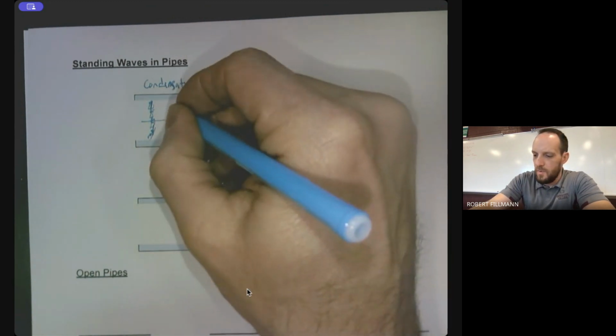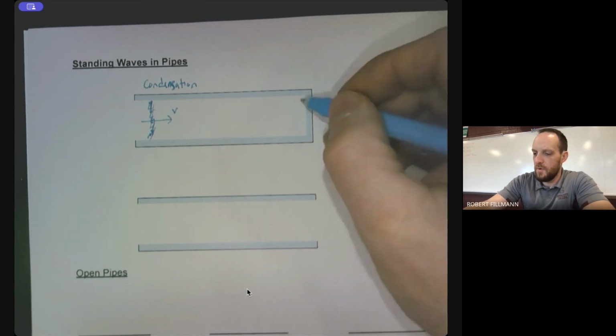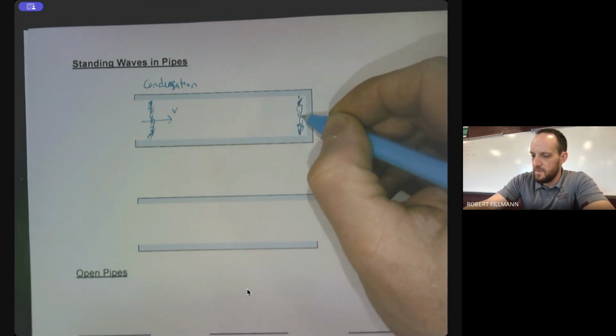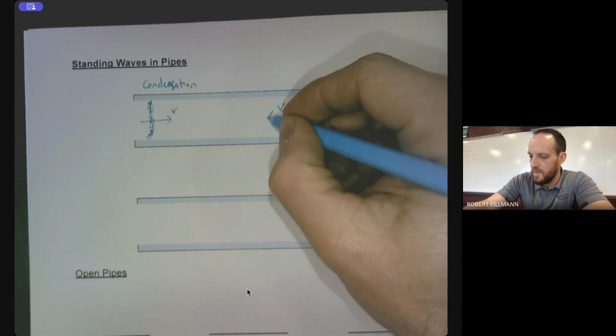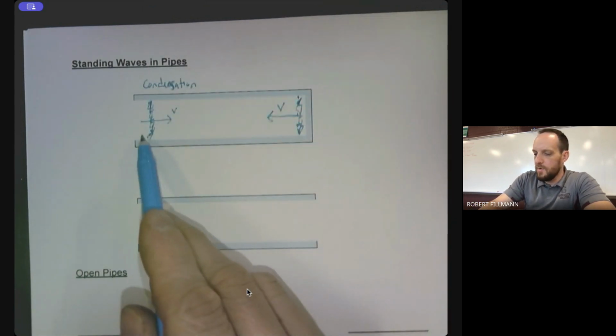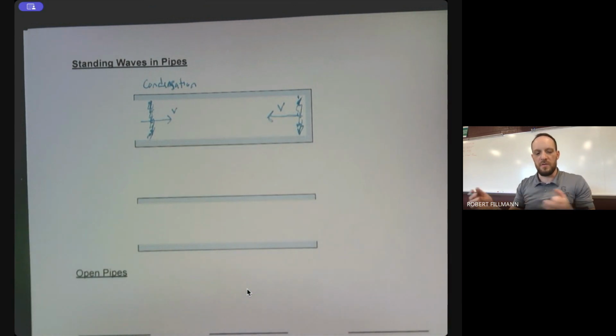You get the motion of our wave headed this way, and it's going to hit the back end of the pipe, of course. And as it hits the back end of the pipe, it's just going to bounce off and come back over itself. So if you continue to blow into this pipe, or send vibrating air into this pipe, maybe there's a guitar string over here at the left side, we're sending sound in and sound is bouncing back. And as these patterns overlap each other, they can form a standing wave pattern.